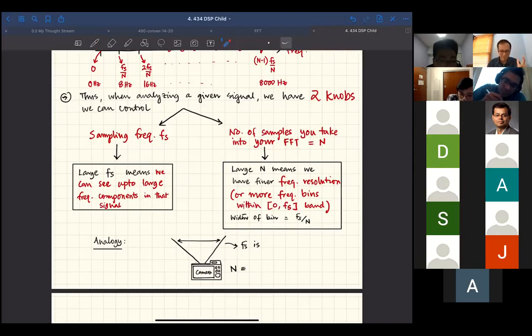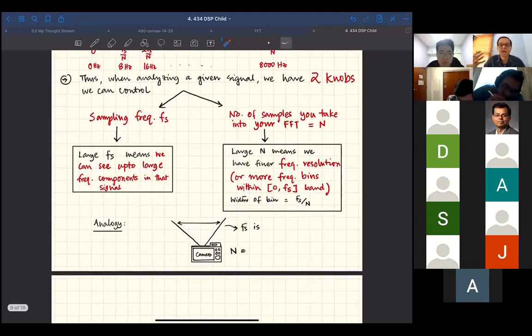I think this might help again. You have a camera, okay? The camera has a wide angle lens. You're looking at a beautiful waterfall, or a beautiful scenario. The amount of the scenario that you can see is determined by the wide angle camera lens, right? But the resolution at which you see that picture is determined by the megapixels of that camera, right?